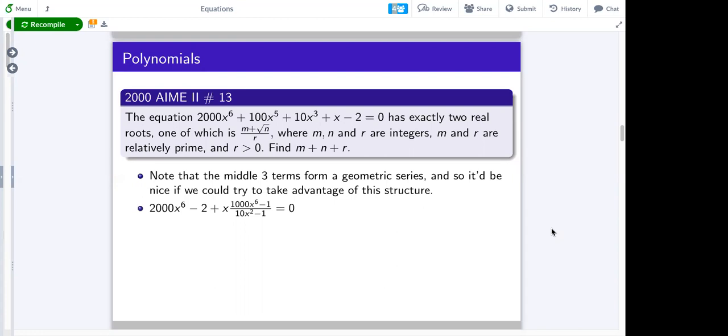So, well, we look at this, and what can we see out of this new representation of the question? In particular, we see that we essentially have these two groups of terms, right? We have this 2000 x to the sixth minus 2, and we have this x times 1000 x to the sixth minus 1 over 10x squared minus 1, right?